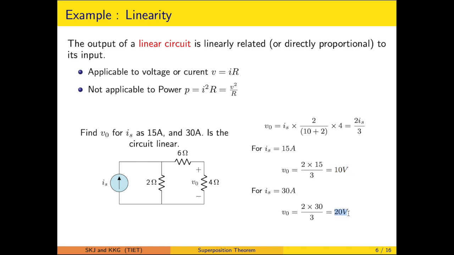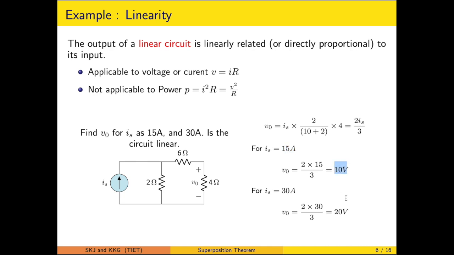So you can justify the scalability property, that the first input is multiplied by a factor 2, and that's why the corresponding output is also multiplied by 2.